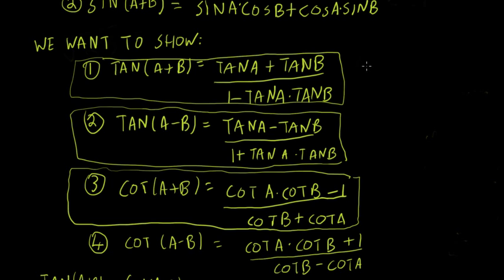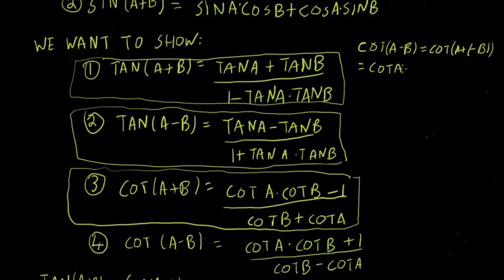Okay, and just as we did for tangent of a difference, we'll be starting with rewriting this cotangent of a difference, cotangent of A minus B, as the cotangent of the sum of A and negative B. And we'll be plugging into this expression wherever we see B, we will just be plugging in negative B.